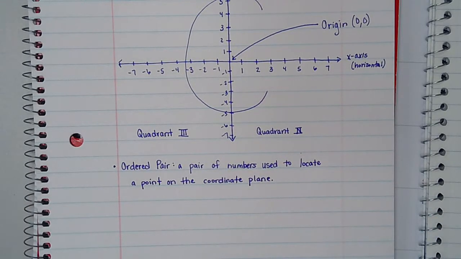Okay, so it's a pair of numbers. Now, pair is important because pair means two. So you're going to have two numbers that you're using to find a certain spot on this coordinate plane.